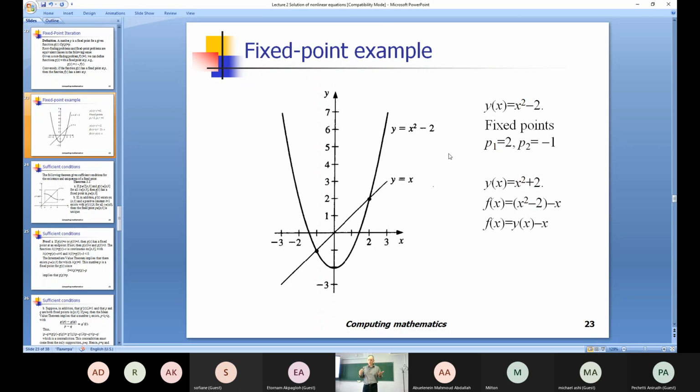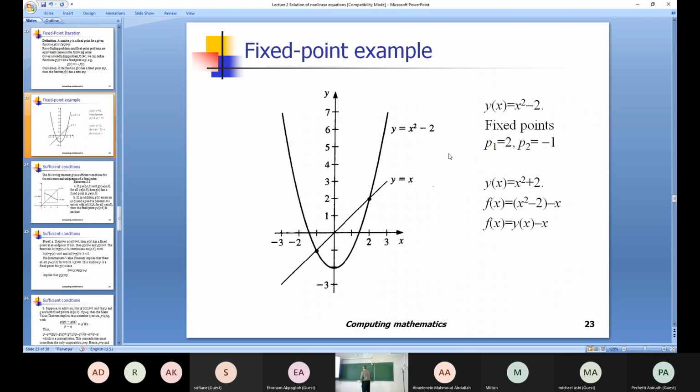What should we do to convert this problem into a fixed point problem? You should add x. So let's introduce another function, g of x equals f of x plus x.